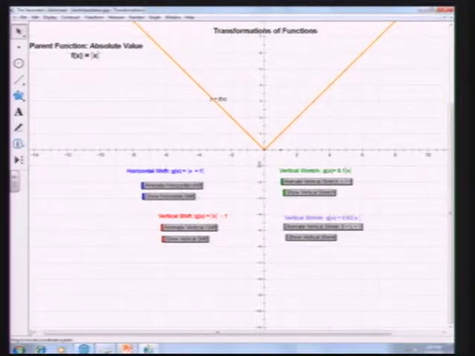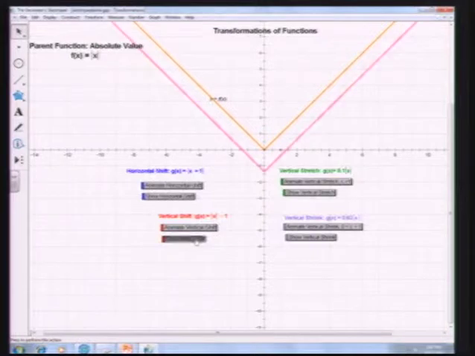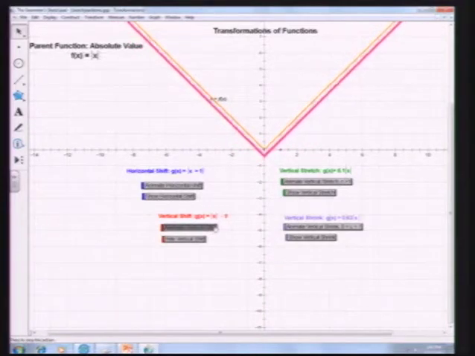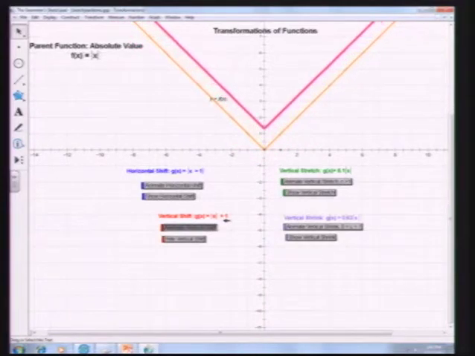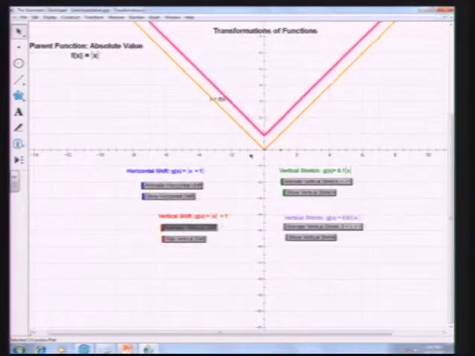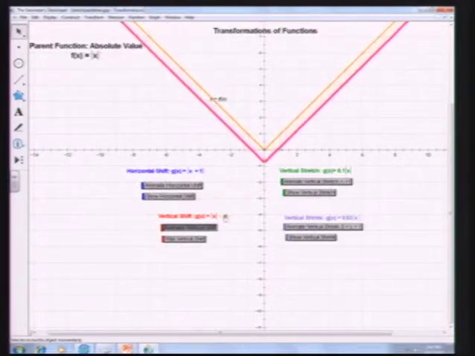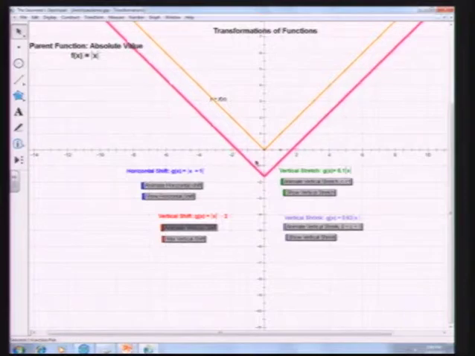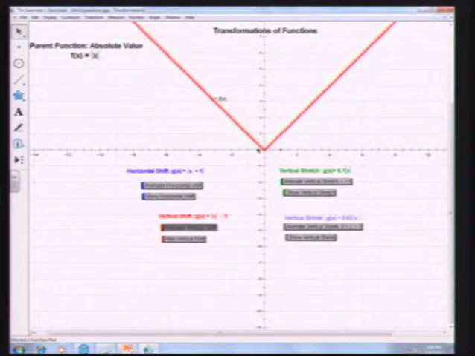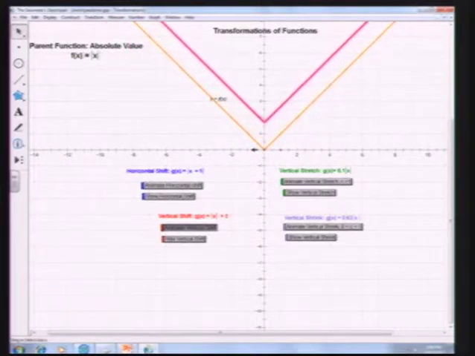So looking at our absolute value function, I'm going to show you how you can animate the actual transformation itself. So notice as I click on the icon, you will see how the absolute value graph is going negative, which is downward, and positive, upward.